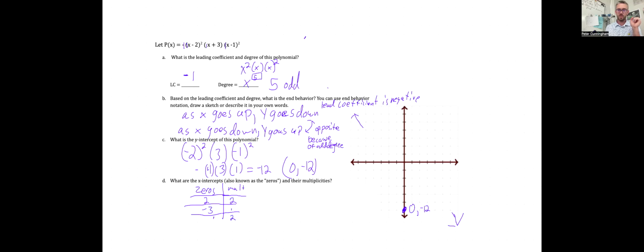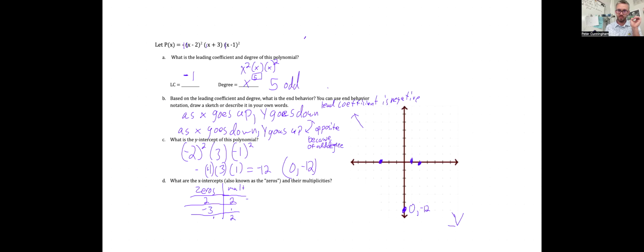So what's that look like? Well, -3, -1, 2, 3. Boom. Crossing there at +1, +2. Both of those are going to bounce. So go down, cross at -3.